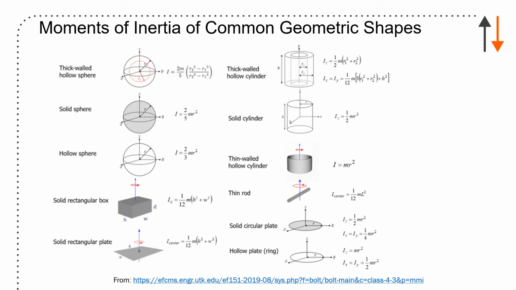What's important out of this, and you don't often look at these that much beyond there, this one is important. You need to know thin rods. You should know this one right here, the thin-walled hollow cylinder, and you should recognize that that is the equivalent to a radius of gyration.